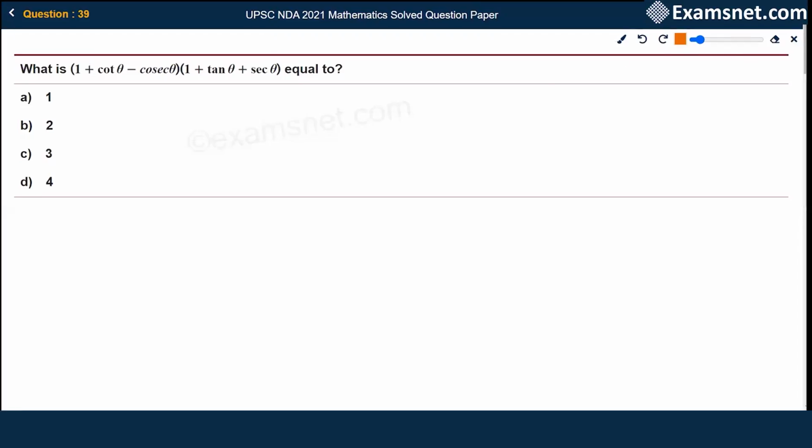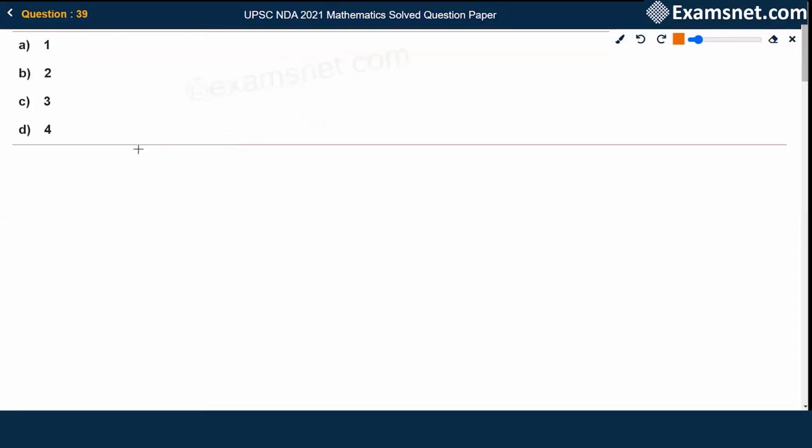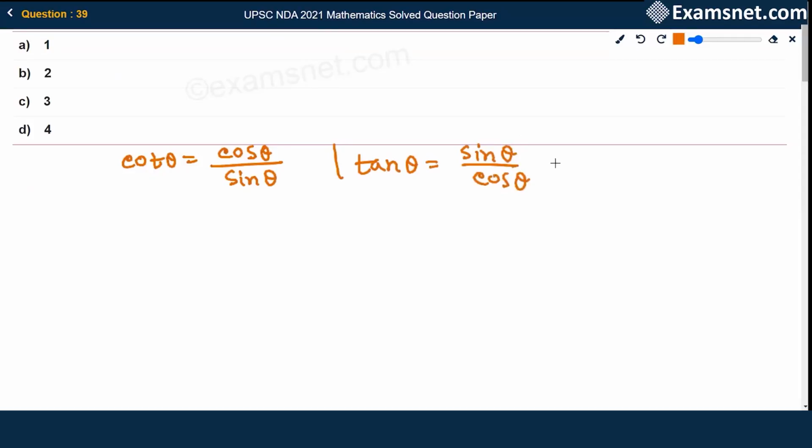First, we can write cot theta in terms of sin theta and cos theta: cot theta equals cos theta by sin theta. Also, tan theta equals sin theta by cos theta.